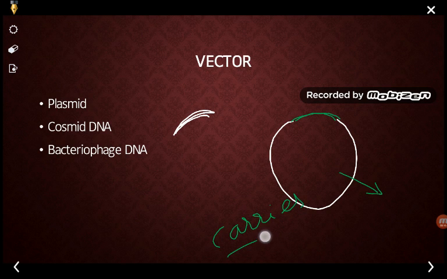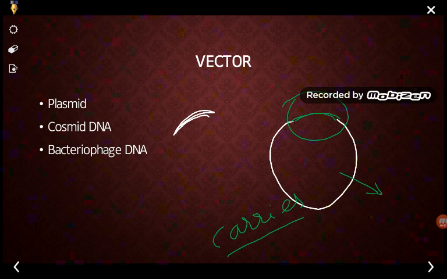So it is a carrier DNA molecule to which the fragment of the desired DNA is attached and carried to the required site. आपको जहाँ लेके जाना है वहाँ पे उस साइट पे हम इसे लेके जा सकते हैं. And it may be a plasmid or cosmid.